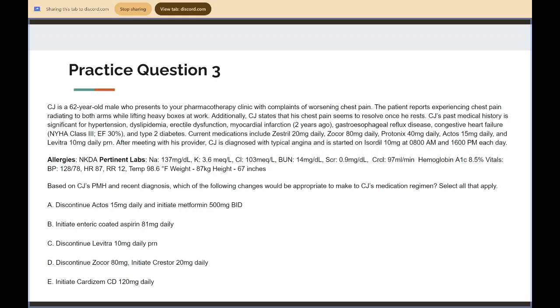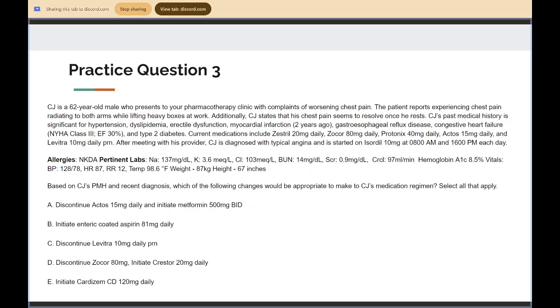Additionally, CJ states that his chest pain seems to resolve once he rests. Past medical history is significant for hypertension, dyslipidemia, erectile dysfunction, MI from 2 years ago, GERD, CHF class 3 with an ejection fraction of 30%, and type 2 diabetes.